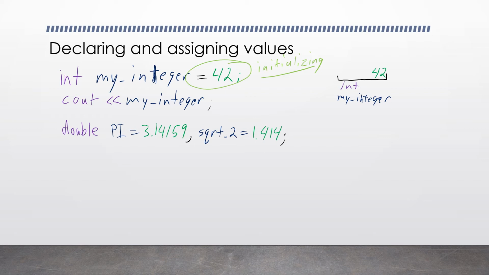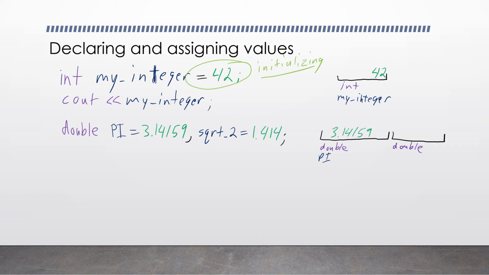But what this does is it creates one memory box with the type double and the name pi and the value 3.14159, and then it immediately creates another memory box right next door, also of type double.